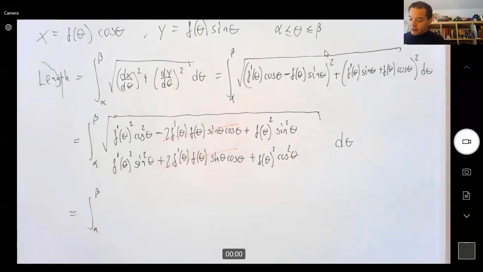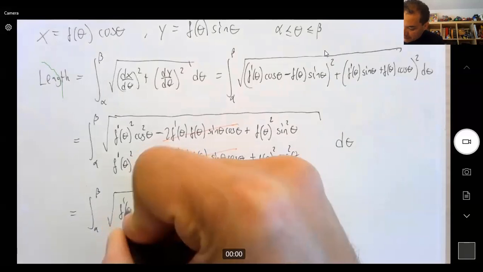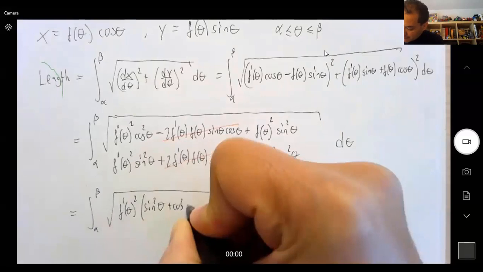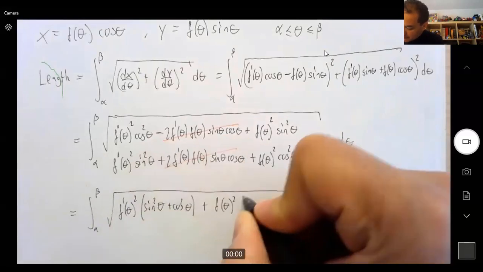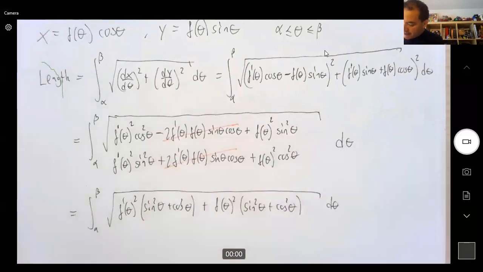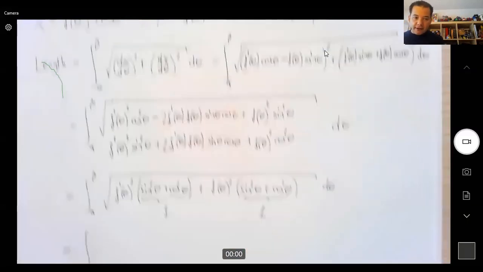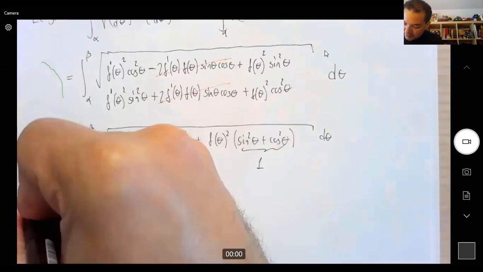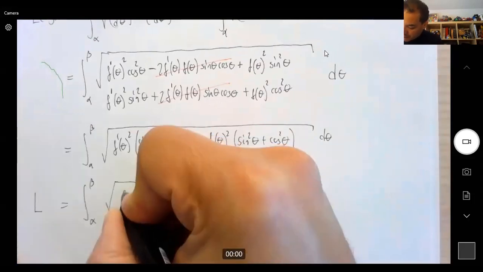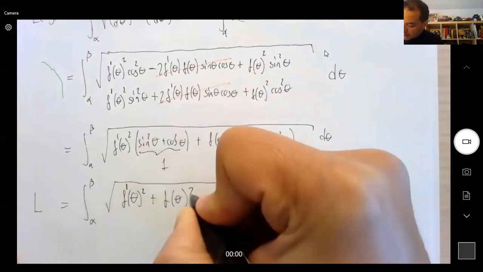All right, so this will be f prime theta square times sine square plus cosine square plus f of theta square times sine square plus cosine square. And this is 1. So is this one. So that complicated formula becomes actually quite simple. So the length will be just the square root of the derivative f prime square plus the original function square. And that's it.